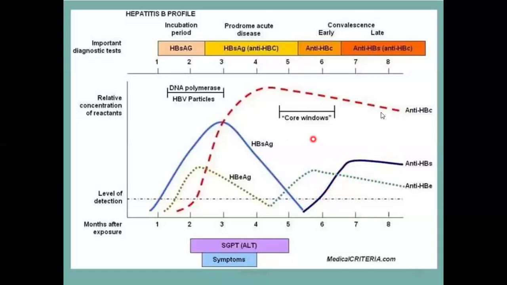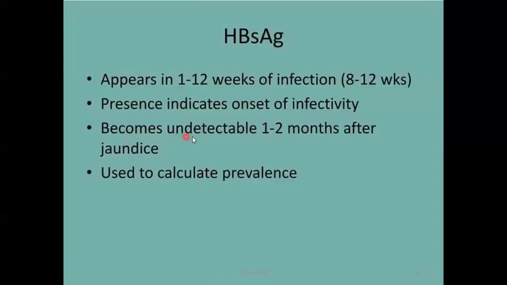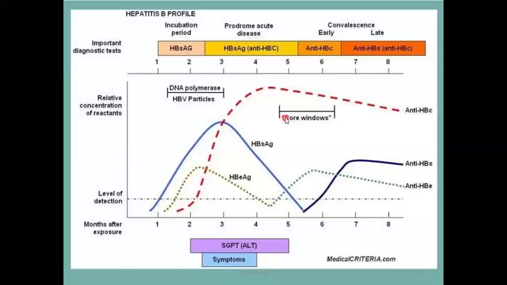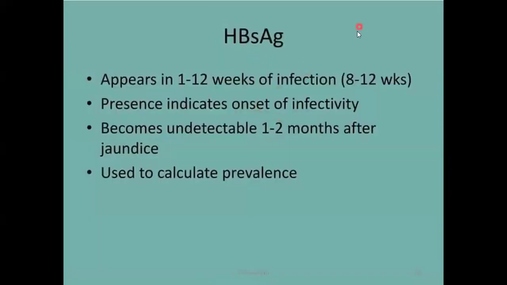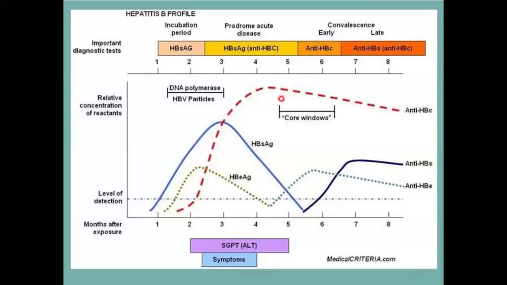The reason this core window, or the window period, is important is because hepatitis B surface antigen will not be detectable in blood. Remember, it becomes undetectable 1 to 2 months after jaundice. So let's say I get hepatitis B virus, then after 5 months, the surface antigen, which is the hallmark of the disease, will have disappeared because my immune system is fighting the virus.